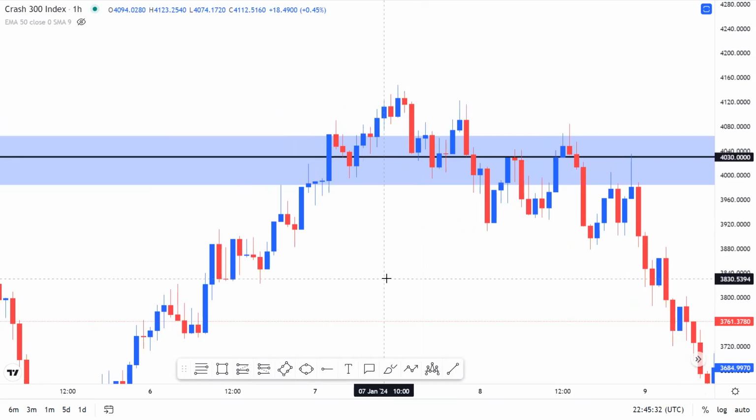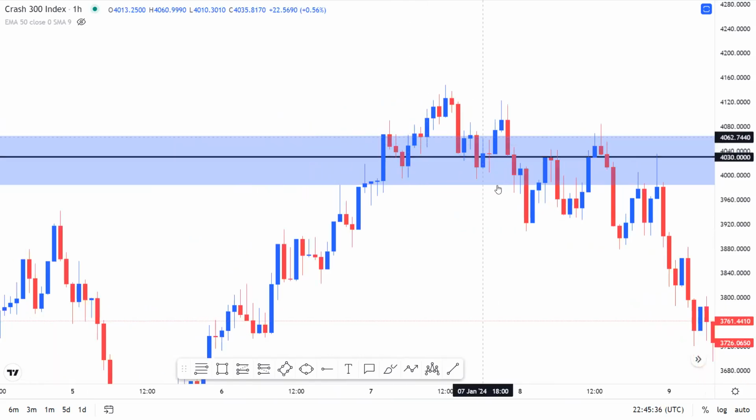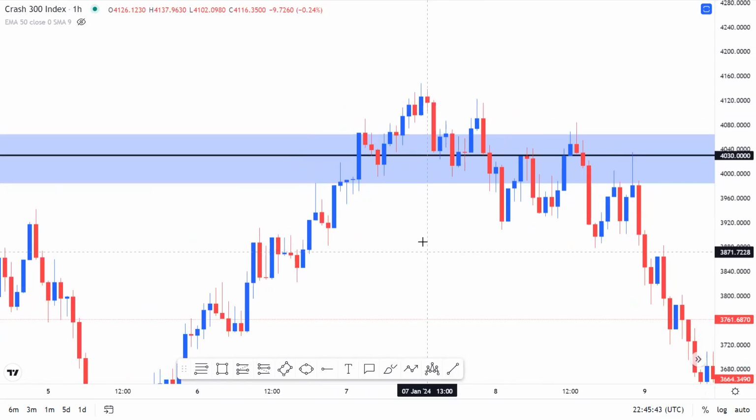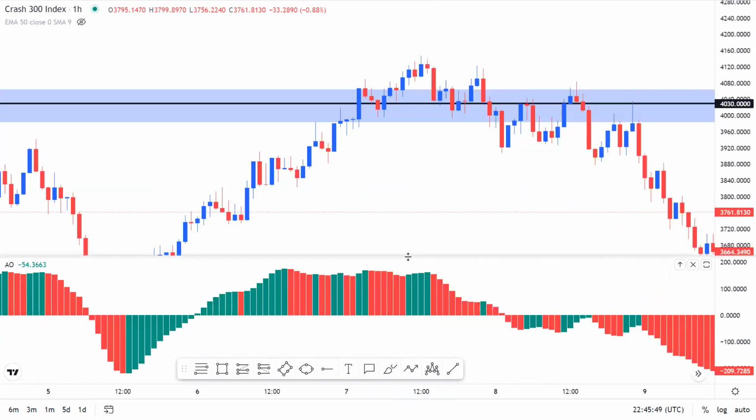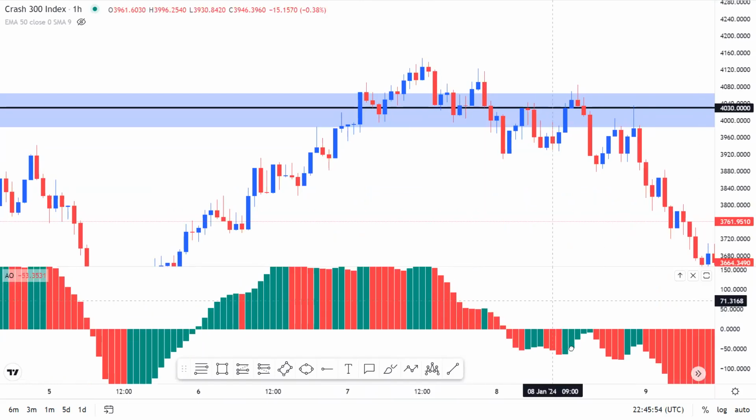Getting down to the 1-hourly time frame, what I noticed from the retest of my daily time frame area of interest, firstly, is the fact that we had a case of a bearish divergence, introducing right here the awesome oscillator indicator.